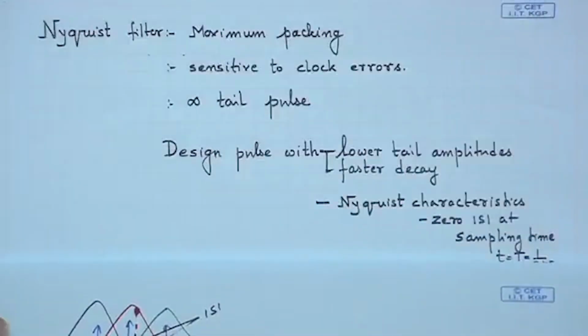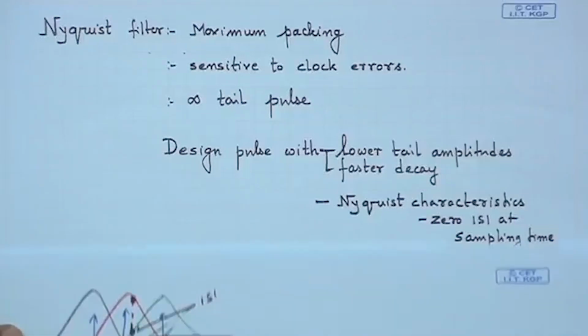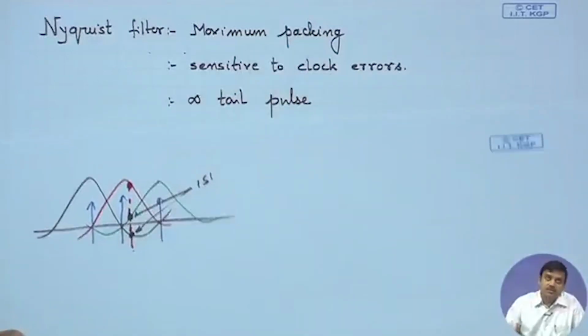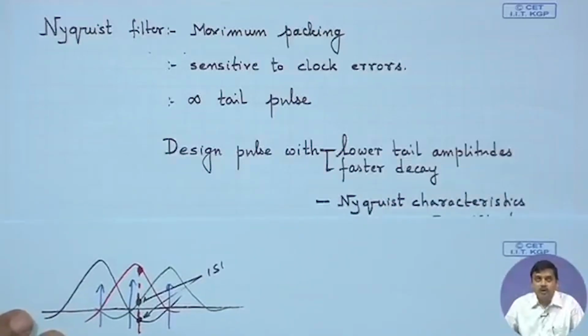So, the Nyquist filter, as said, maximizes the packing, but it is sensitive to clock errors and it has an infinite tail. So, although there is an advantage, these are some of the disadvantages. So, we would want to design a pulse with lower tail amplitude.